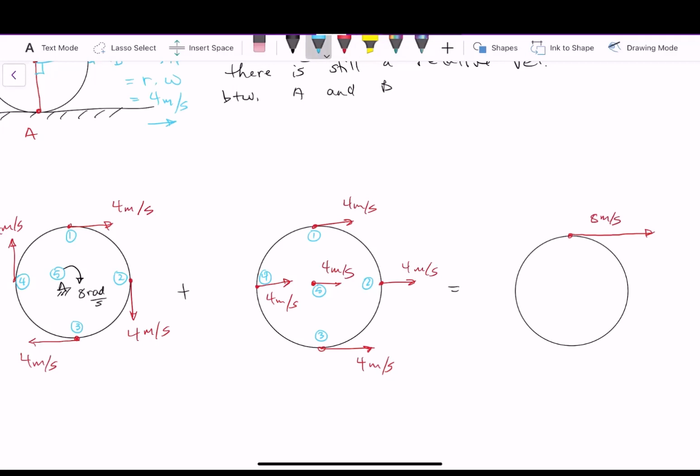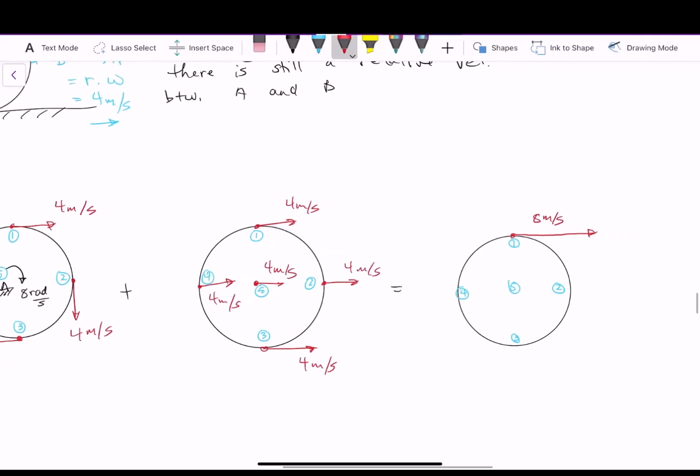So that's position 1. And we're going to go around to each of the points here and add these up vectorially. The next one would be 4 meters per second to the right, but then we have to add the 4 meters per second down, which would give us a total located in that direction.